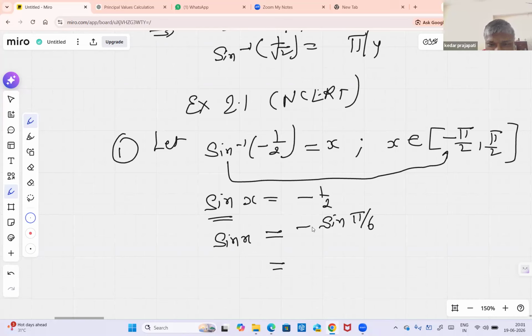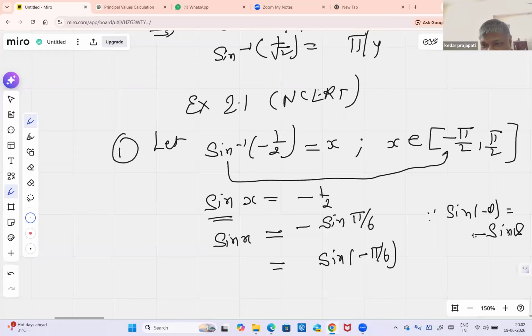I need to bring this side also in the form of sine. So we can also write it as sine minus pi by 6, because sine minus theta equals minus sine theta.